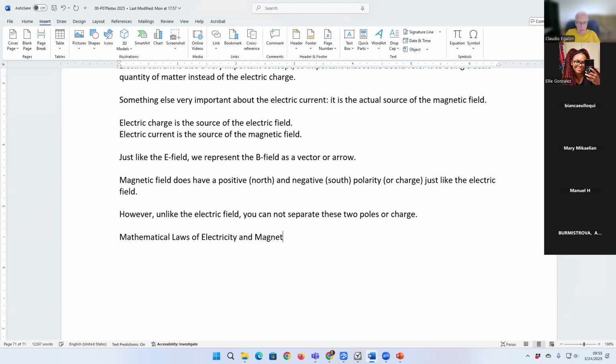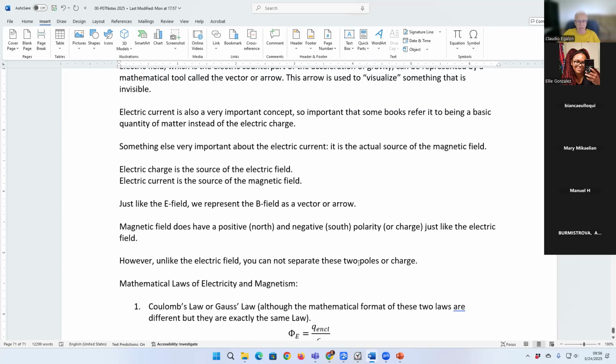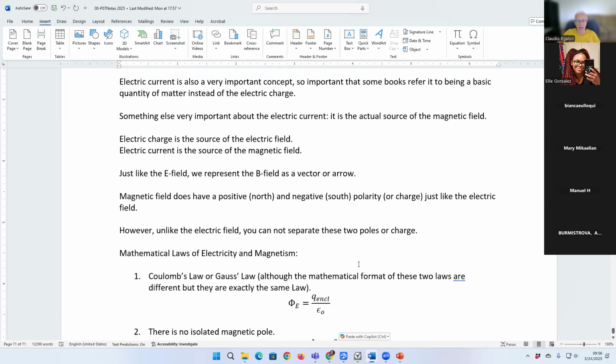Because we can separate a positive electric charge from a negative electric charge, we have this law of physics, Coulomb's law, written in a different way, that states that the flux of the electric field is equal to the charge enclosed by an imaginary surface divided by this constant epsilon naught, okay?